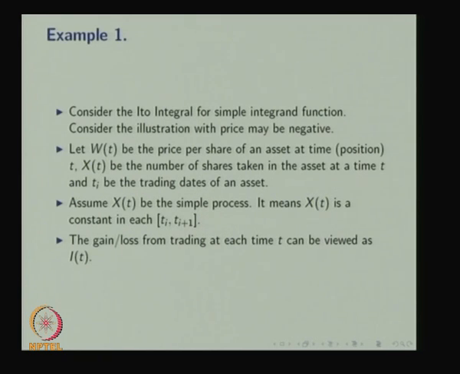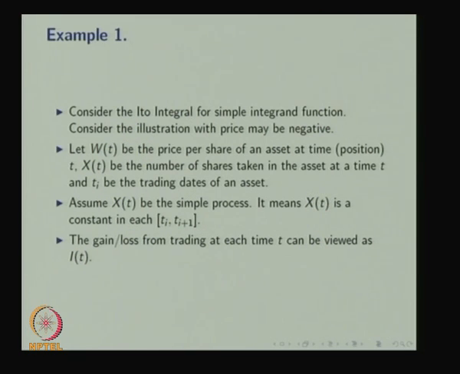Now we are going to discuss a few examples, through which we are going to study Ito integrals. First we consider the simple situation: the Ito integral for a simple integrand function. For example, consider an illustration where the price may be negative.